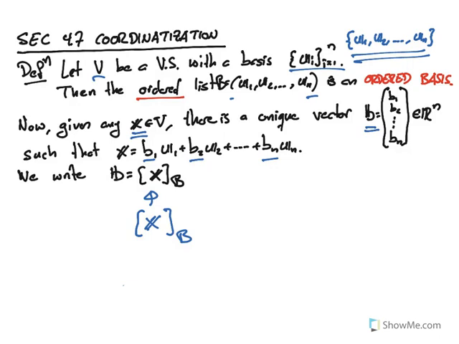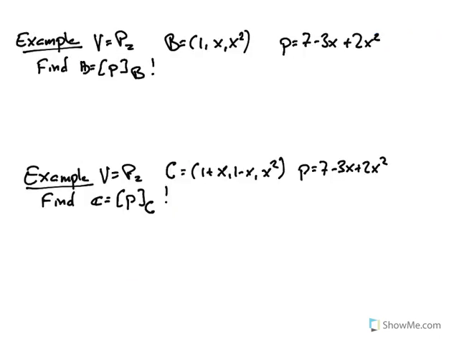So for a specific vector space, as we've seen, you can have several different bases. Let's revisit our very classical example here, which are quadratic polynomials. They form a vector space. We use our standard basis, and then everything gets very easy. So let's see if we can evaluate this entity.